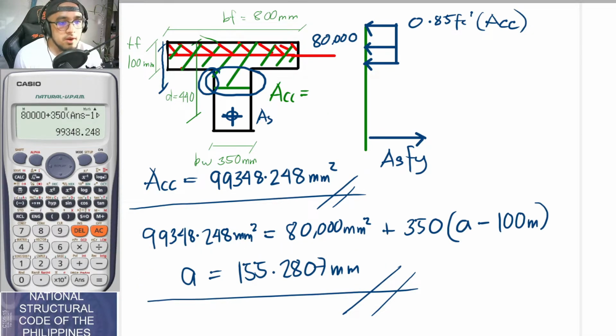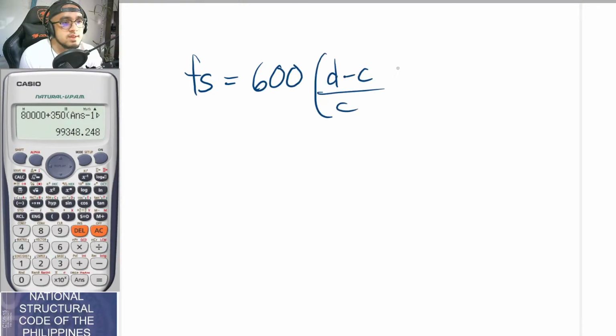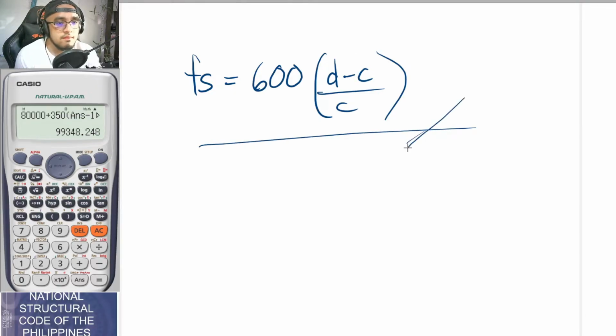And if you can remember, earlier we assumed that our steel will yield. Now we will be confirming if the steel, of course, will yield. If you can remember, guys, the value for your Fs is equal to 600 times D minus C divided by C. Let us solve for it using this formula that we have derived before.